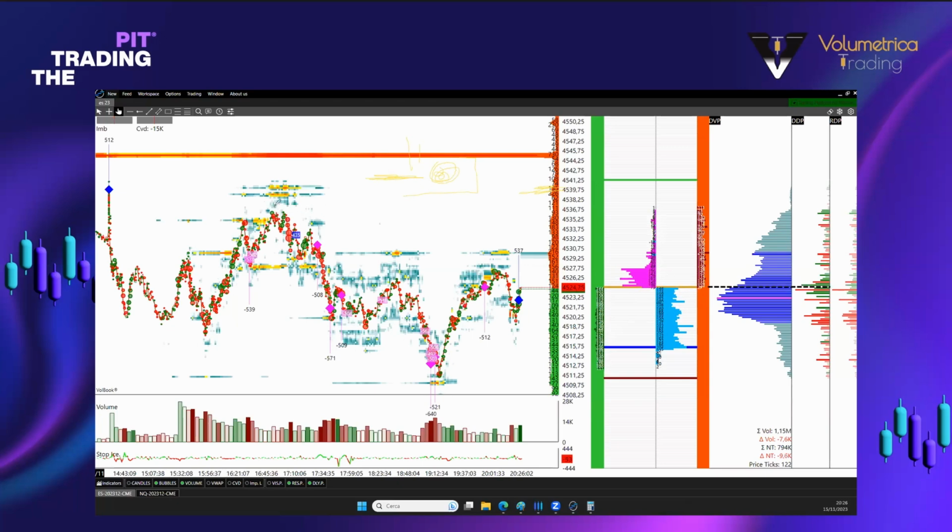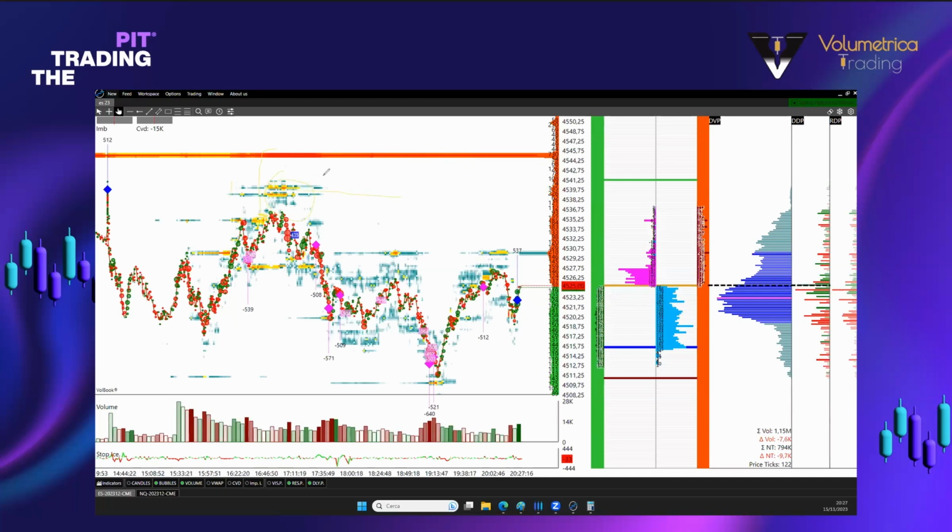In a nutshell, here, could we have looked for a short trade? Yeah. Why? Because we are not that close yet to this liquidity. We have another liquidity in between, and this one comes with the features of a rejection liquidity, so it doesn't necessarily need to be traded.